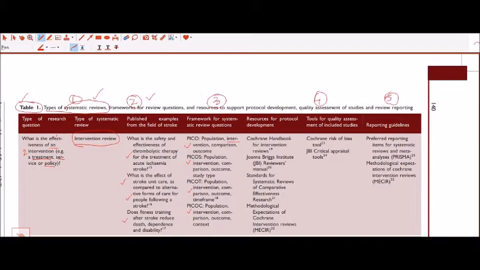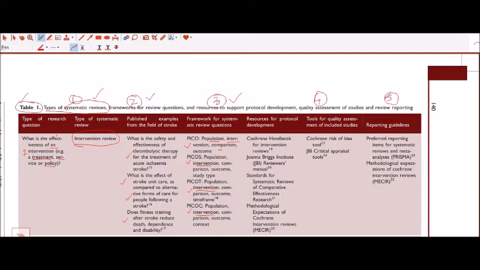Now the question arises with the intervention studies in each one of them. You need to have a little bit more patience so that I can come up with the notebook and show you the definition of population, intervention, comparison, outcome, and then you can go ahead. So what are the resources to support the protocol? Now have a look at it.